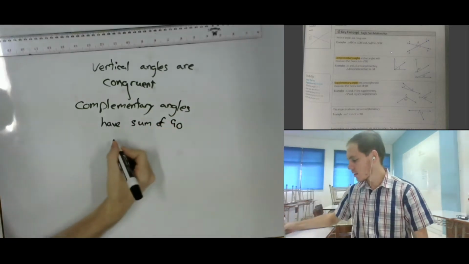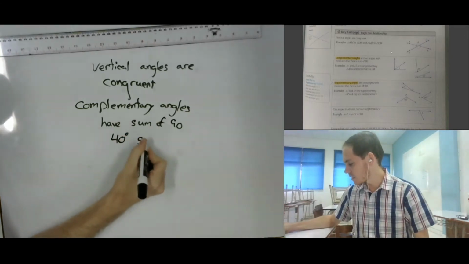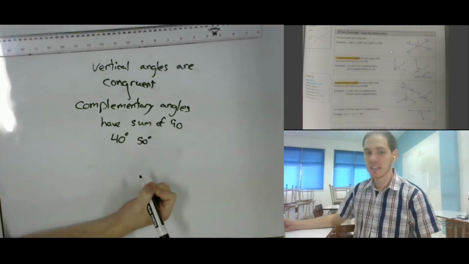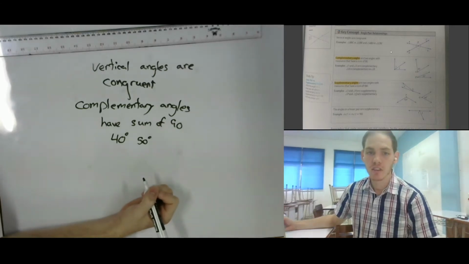So think 40 degrees and 50 degrees. You put them next to each other, they will make a 90. If you put them as adjacent angles, they will make a right angle.